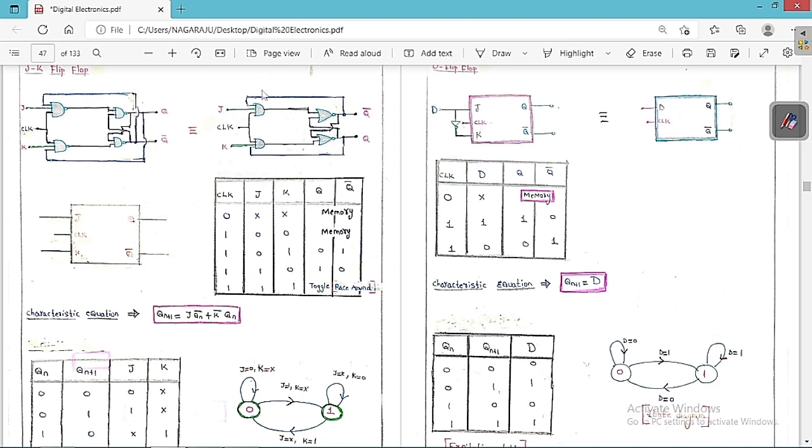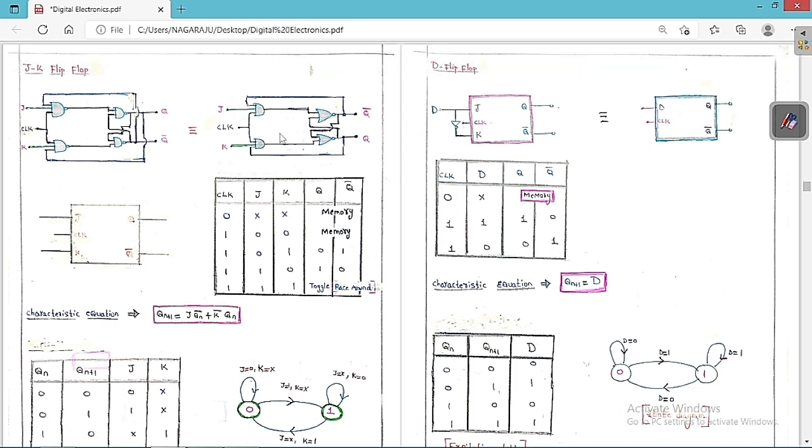The main agenda of this is that the invalid state is now going to be used for toggling purposes. We can even use the invalid state, but the output is going to vary continuously. So the basic agenda of using the JK flip-flop is to use the invalid state also, but the output is in toggling mode.